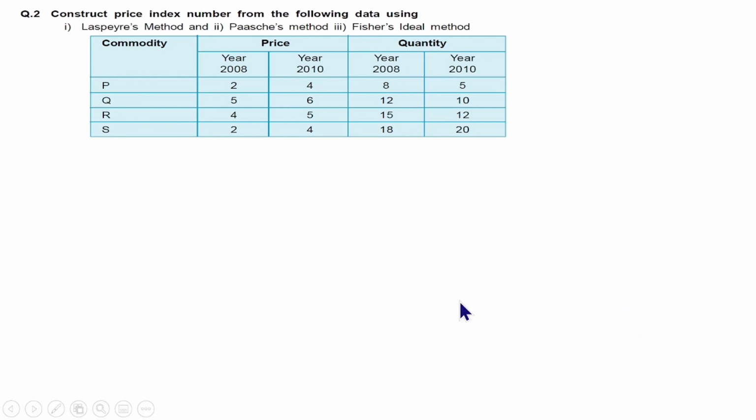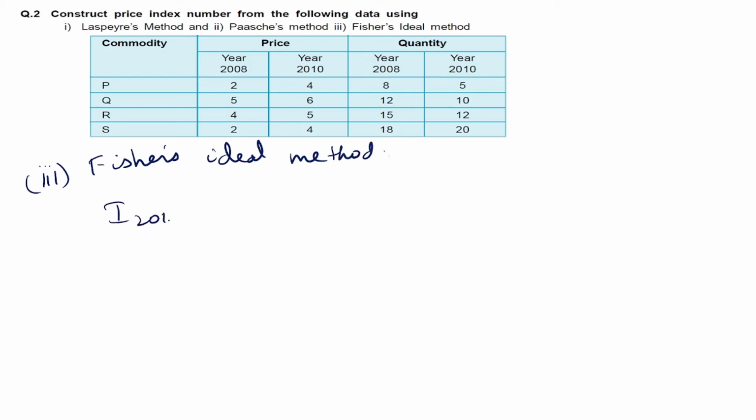Now the next method is Fisher's ideal method. The third method is Fisher's ideal method. Here we calculate the index as the geometric mean of those two indices, that is Laspeyre's and Paasche's indices.